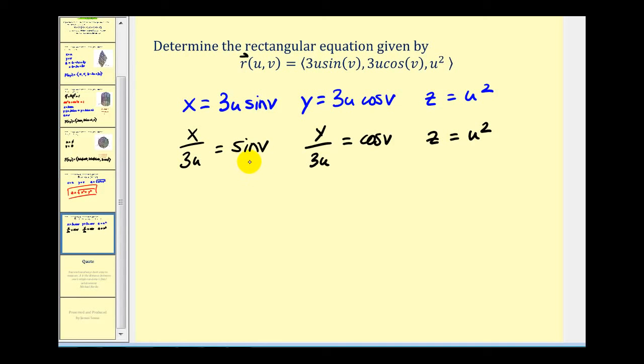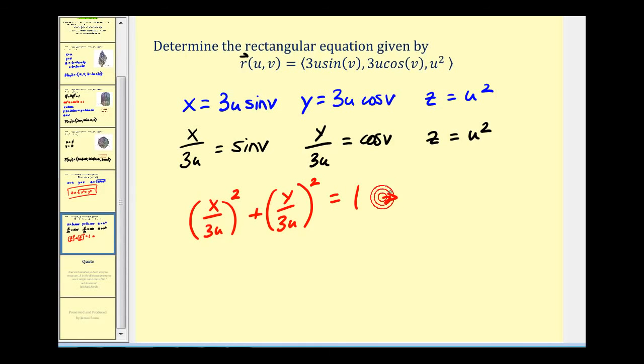So again, since we know that sine squared v plus cosine squared v is equal to 1, it must also be true that x over 3u squared plus y over 3u squared must equal 1. Well, this is going to give us x squared over 9u squared plus y squared over 9u squared is equal to 1.